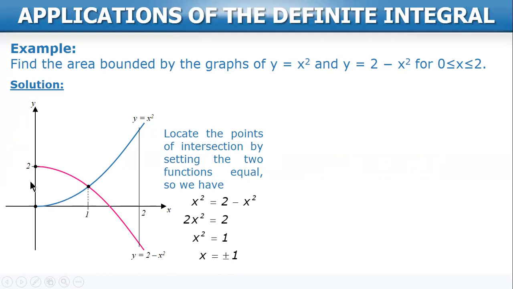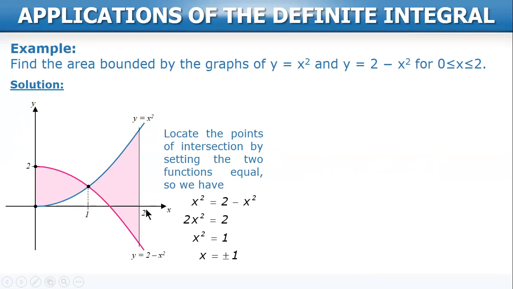Since our interval is from 0 to 2, we will only consider this area, area 1 and area 2. Now, you will notice that the graph changes. From 0 to 1, the upper graph is the parabola 2 minus x squared, and the lower graph is the parabola x squared.